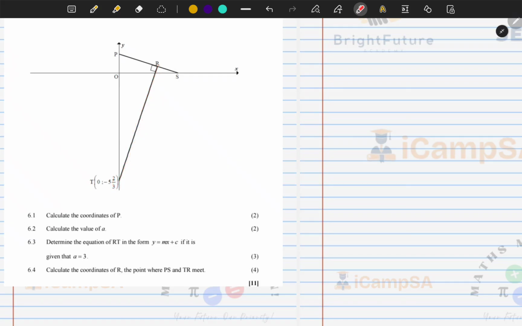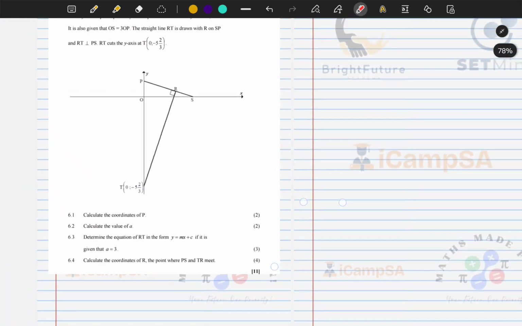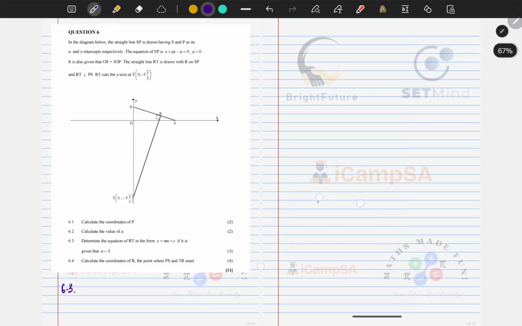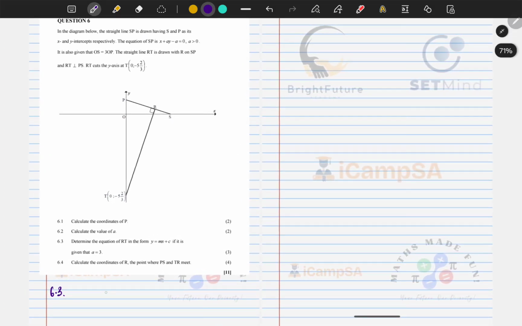Determine the equation of RT in the form y equals mx plus c if it is given that a equals 3. So that's what we are going to start with. Where is a applicable? A is applicable in this equation. So we are just going to say 6.3, a equals 3, and we also found that out.